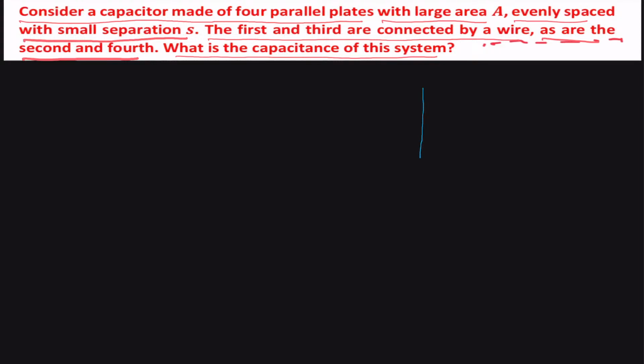So let us suppose this is plate number 1, plate number 2, plate number 3, and we are having plate number 4. And we are given that the first and third are connected, and second and fourth are connected. That is given to us. And each is having area A, and S is the separation between the plates.